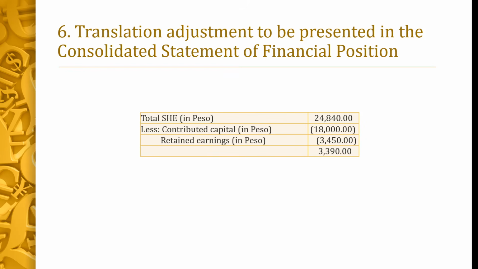Okay? So, anong tawag natin sa 3,390? That is already your cumulative translation adjustment. Anong klaseng translation adjustment? Gain or loss? Since that is a positive amount, that is a gain or a credit balance. So the answer for your number 6 would be 3,390 credit, cumulative.